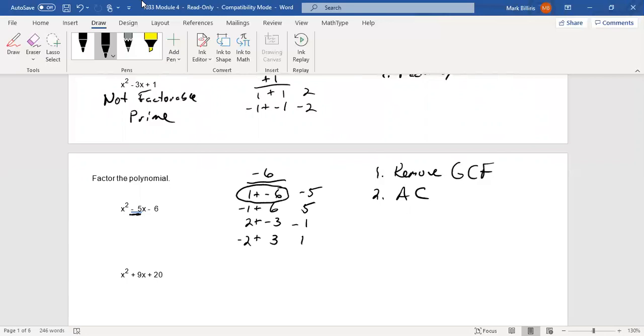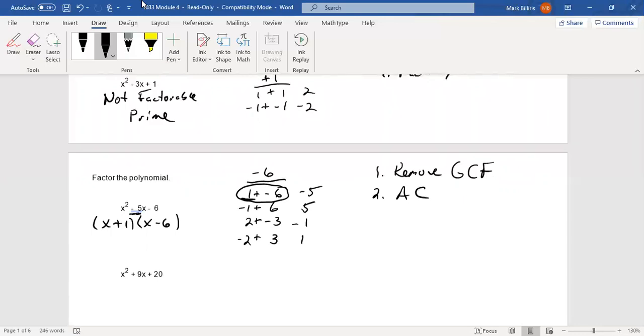So I can go directly into my factoring, and it will be x plus 1, because that's a +1, and then times x minus 6. If you don't understand the shortcut, you don't have to use it. It will just come in handy later on, especially when we get into the next module.